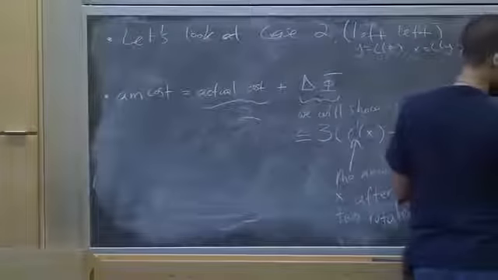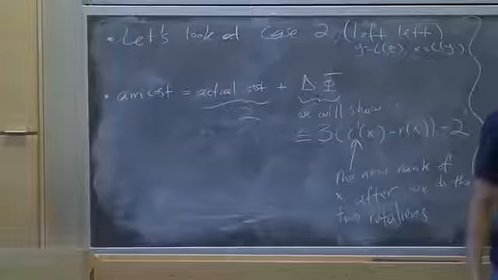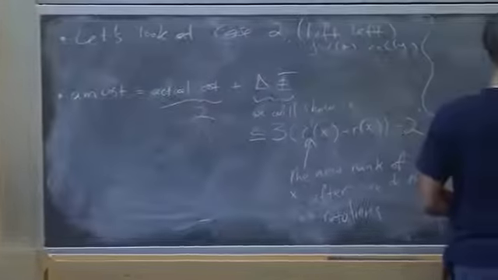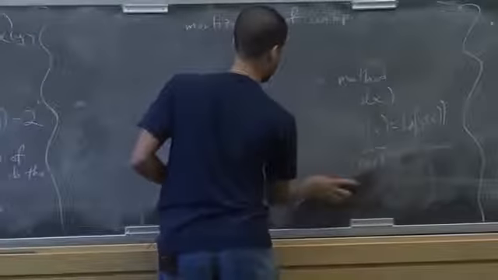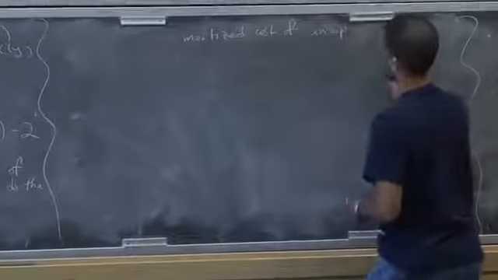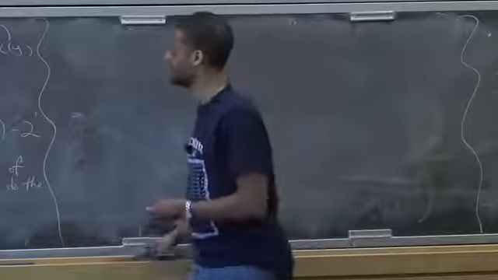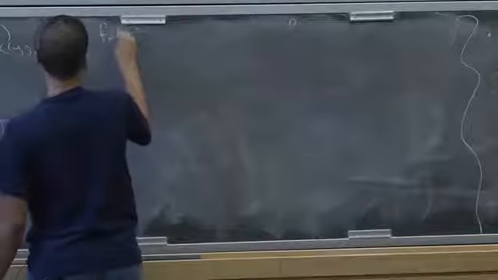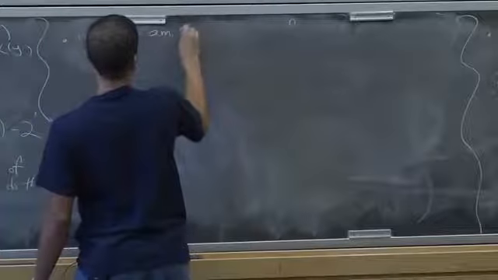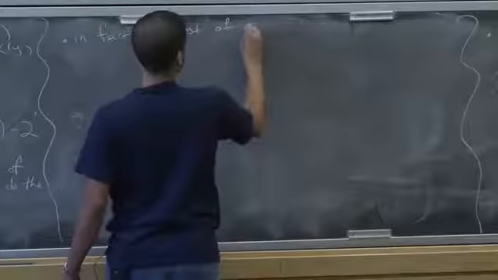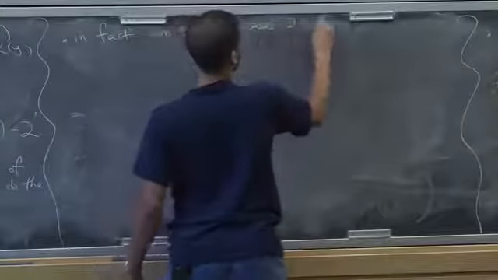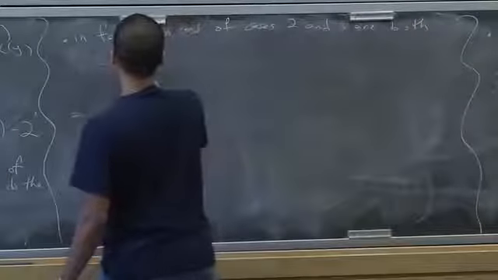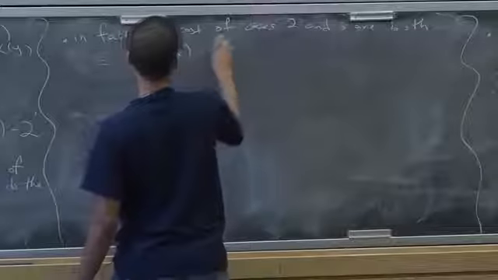Remember, it doesn't matter who the root is. R of the root is always the same because you sum over everyone in the whole tree. In fact, the amortized cost of cases 2 and 3 are both at most 3 r prime of x minus r of x.